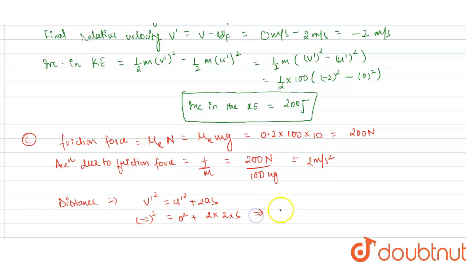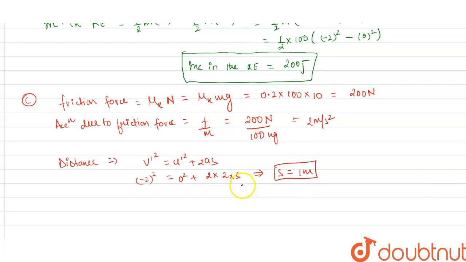From here we get the displacement as 1 meter. Correct. Now calculate the work done by this frictional force, which is force into displacement. Force is 200 newtons and displacement is 1 meter, so it will be 200 joules.